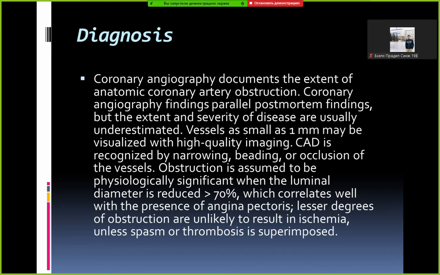Coronary artery disease is recognized by narrowing, beading, and occlusion of the vessels. Obstruction is assumed to be physiologically significant when the luminal diameter is reduced more than 70%, which correlates well with the presence of angina pectoris. Lesser degrees of obstruction are unlikely to result in ischemia, unless spasm or thrombosis.